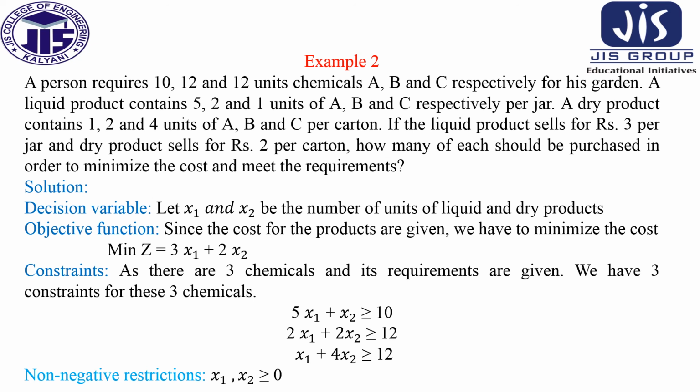This total amount may be equal to 12 or greater than 12, but cannot be less than 12. So the third constraint for chemical C will be x1 plus 4x2 greater than or equal to 12, and x1 and x2 are always greater than or equal to 0. These are the non-negative restrictions.